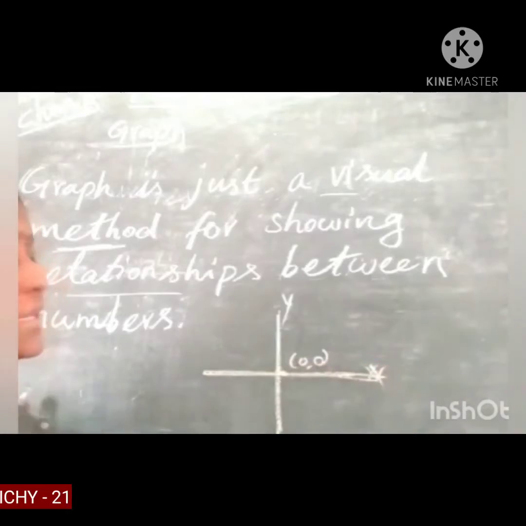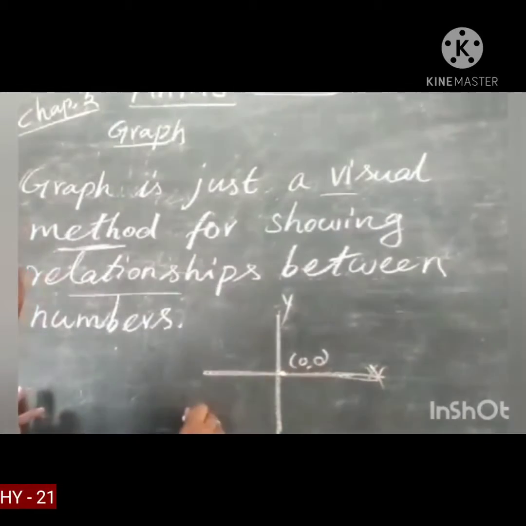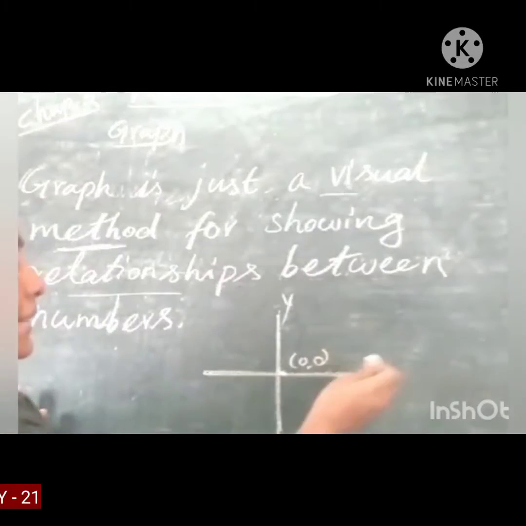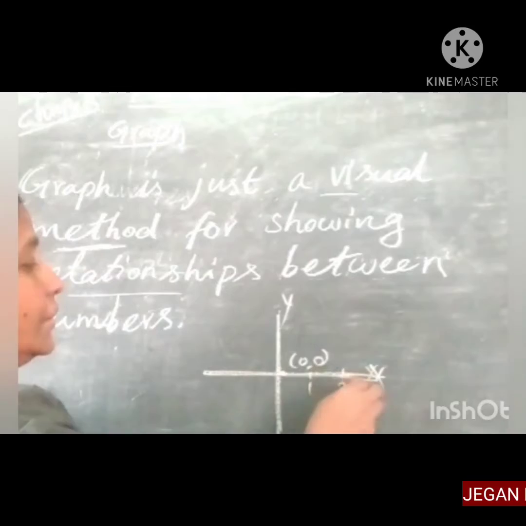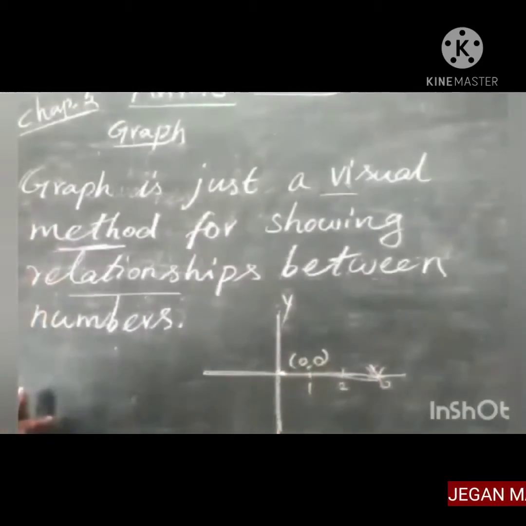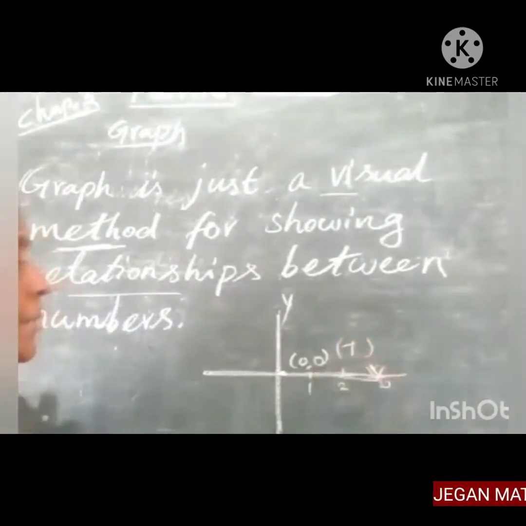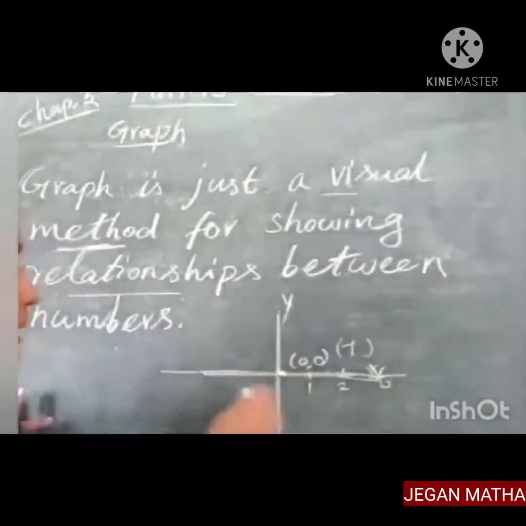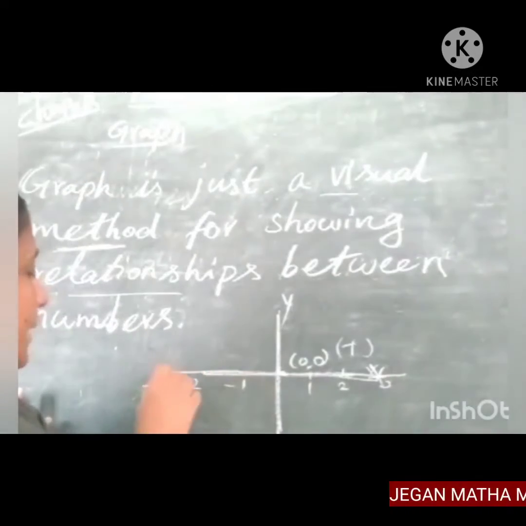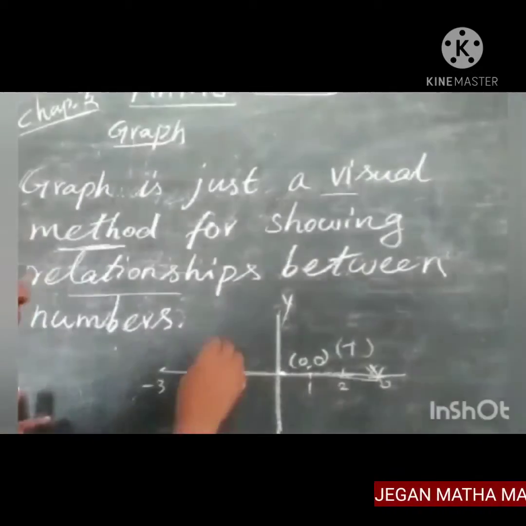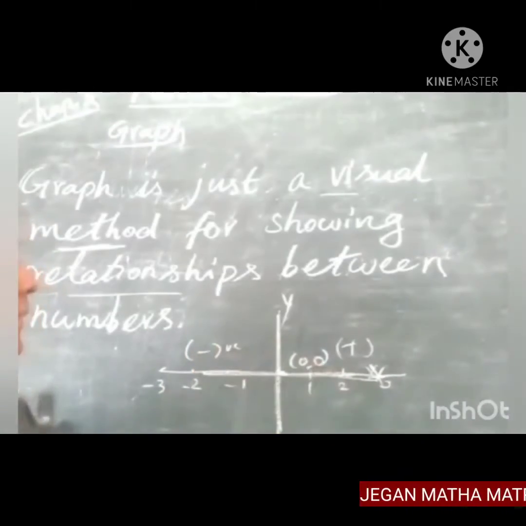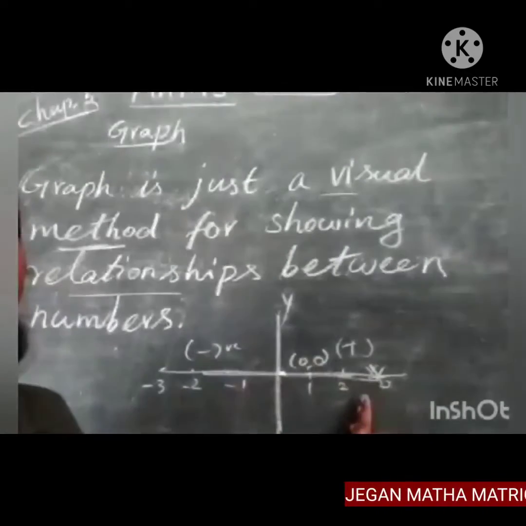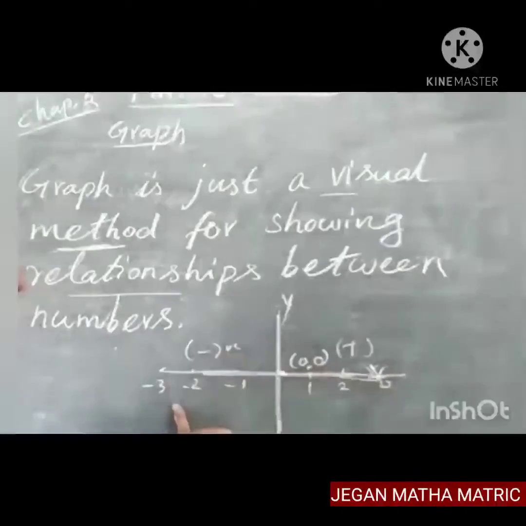In the x-axis, one side is positive and the other side negative. On the right-hand side, 1, 2, 3 go on as positive numbers. On the left-hand side, below 0, minus 1, minus 2, minus 3 go on, and these are negative numbers. So in the x-axis, the right-hand side is positive and the left-hand side is negative.